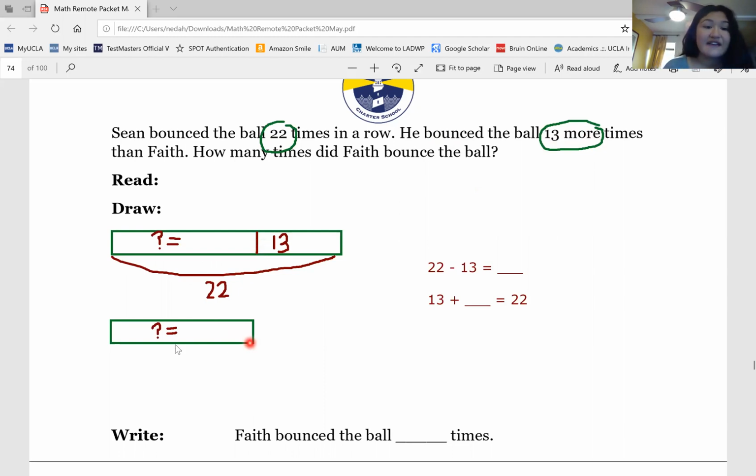Pat on the back if you have a tape set up for Faith that is smaller than Sean's. Pat on the back if you have the tape diagram set up where Sean's tape is divided into two parts, one part of 13 for that 13 more, and an unknown part.